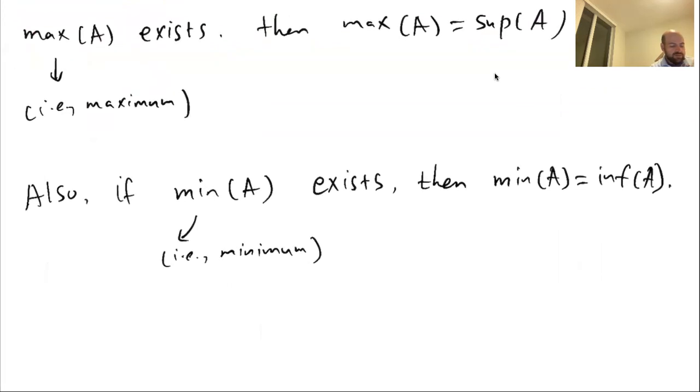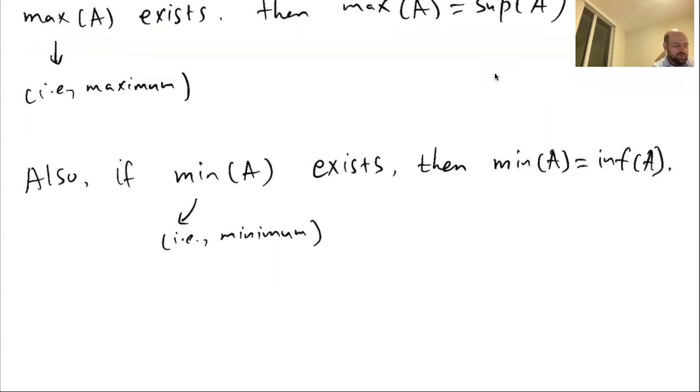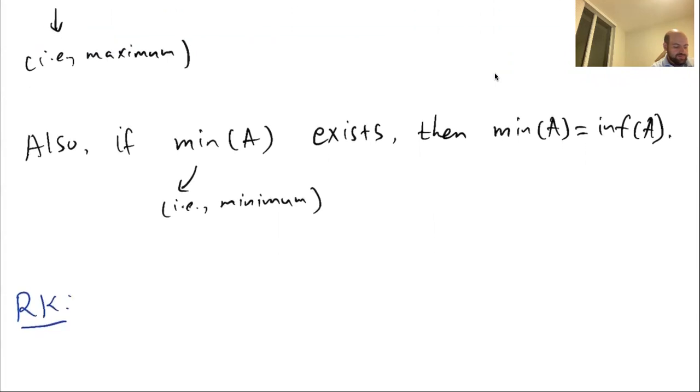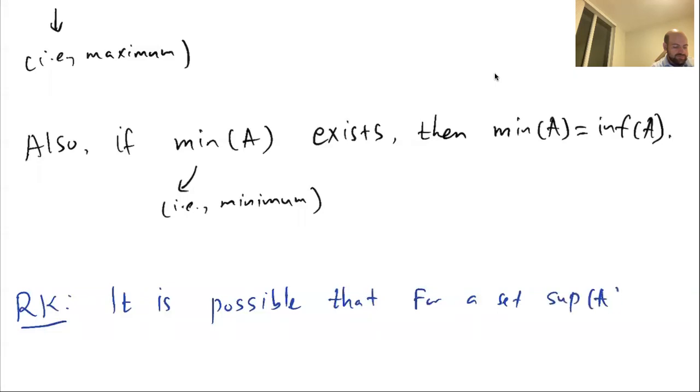Okay, and before proving this, let me give you the remark that it is possible that for a set, supremum A exists, but maximum A does not exist.